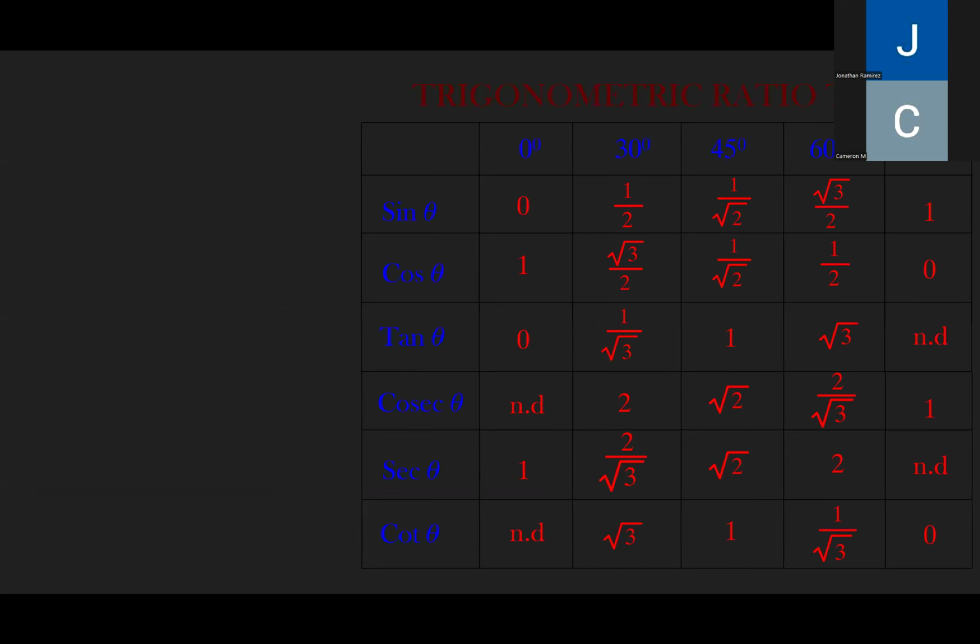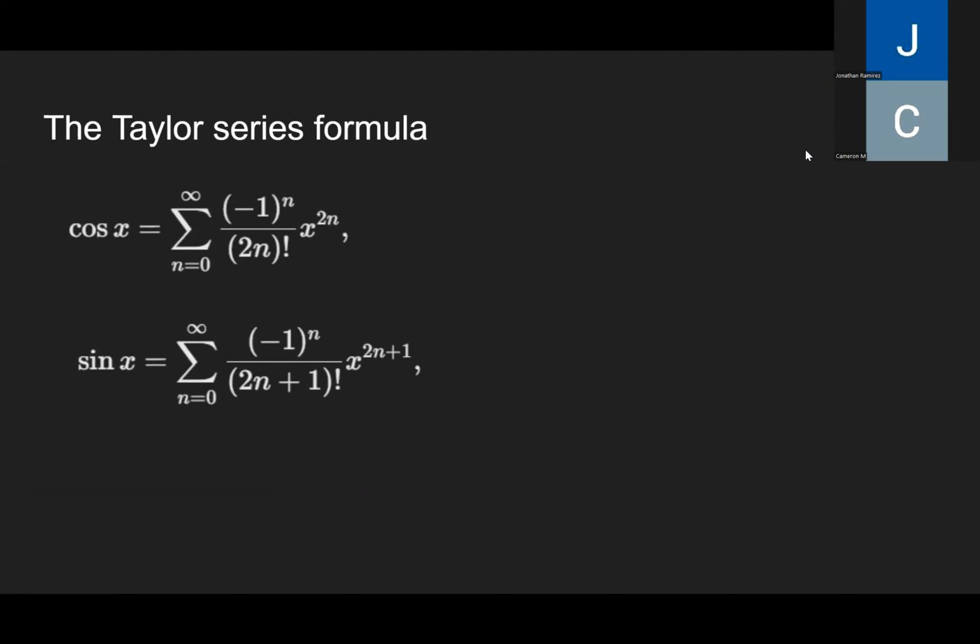We will introduce four of many methods that were used to calculate sine and cosine. The first method we will introduce that we know today is the trigonometric tables. It was founded by the father of trigonometry, Hipparchus. The next method is a Taylor series. It was founded by the mathematician Brook Taylor. As you can tell, these are the formulas for sine and cosine.